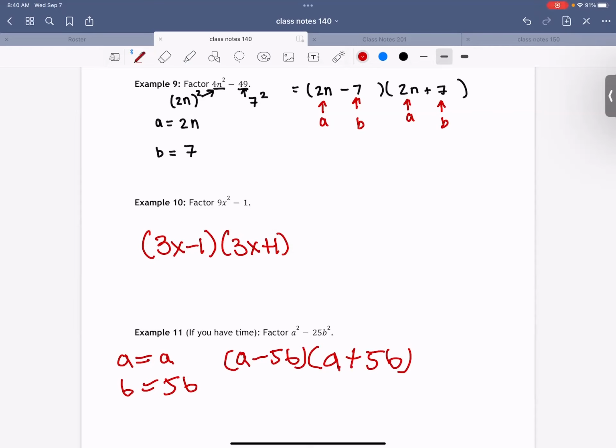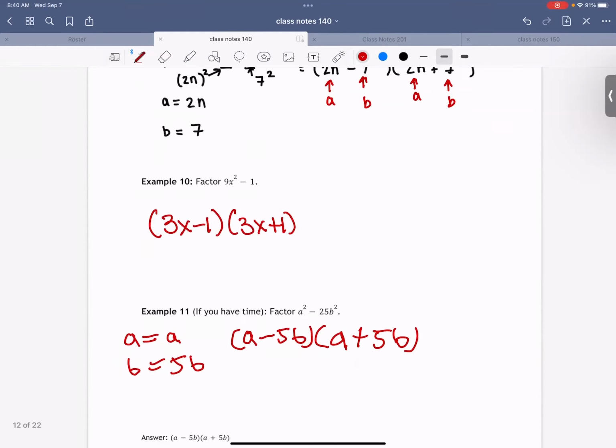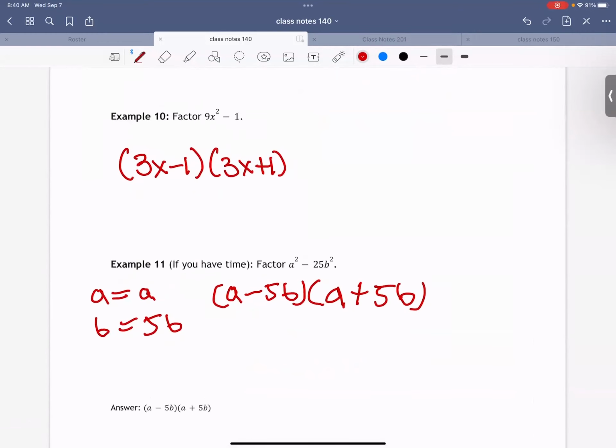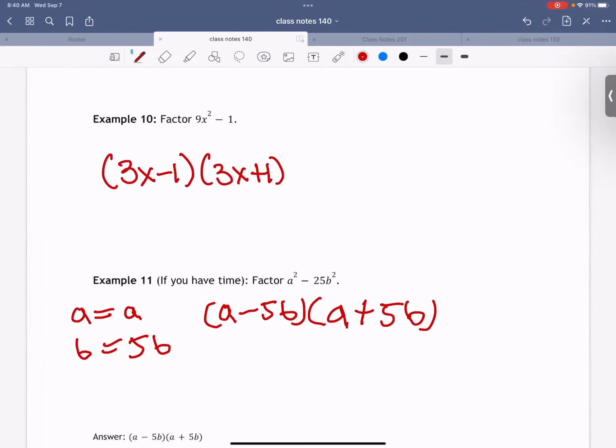All right, let's go up to the front here. Who did I call on to put up example 10? Was that Precious? Do you want to take us through this one? Since a is, and then, yeah, perfect.